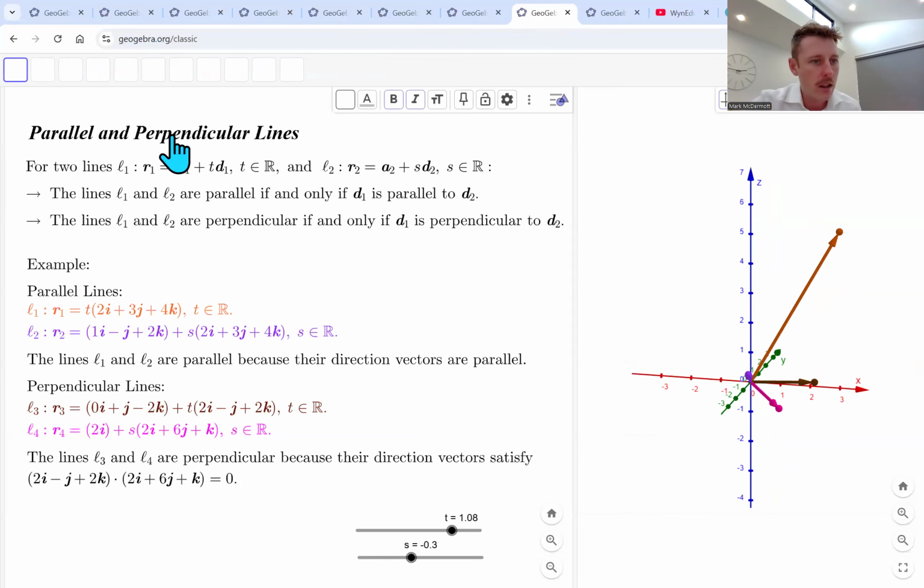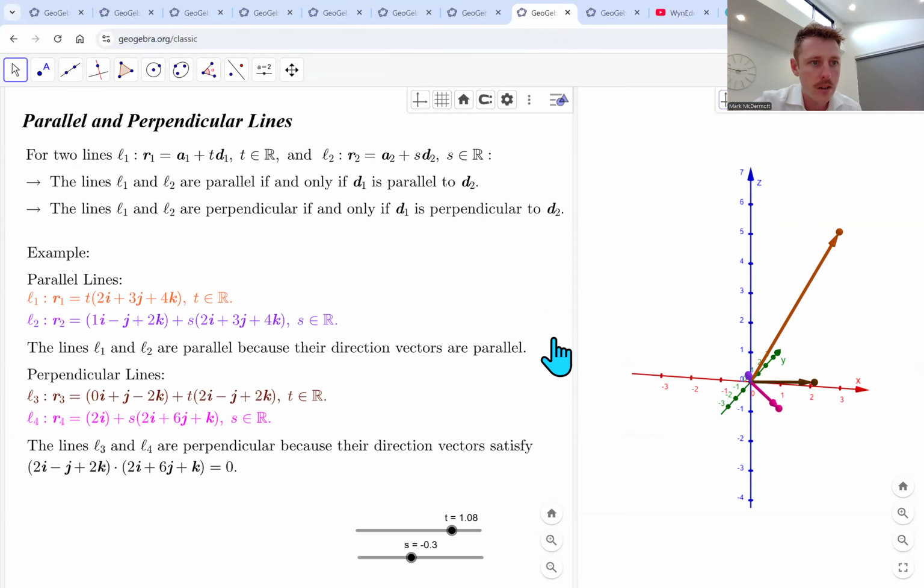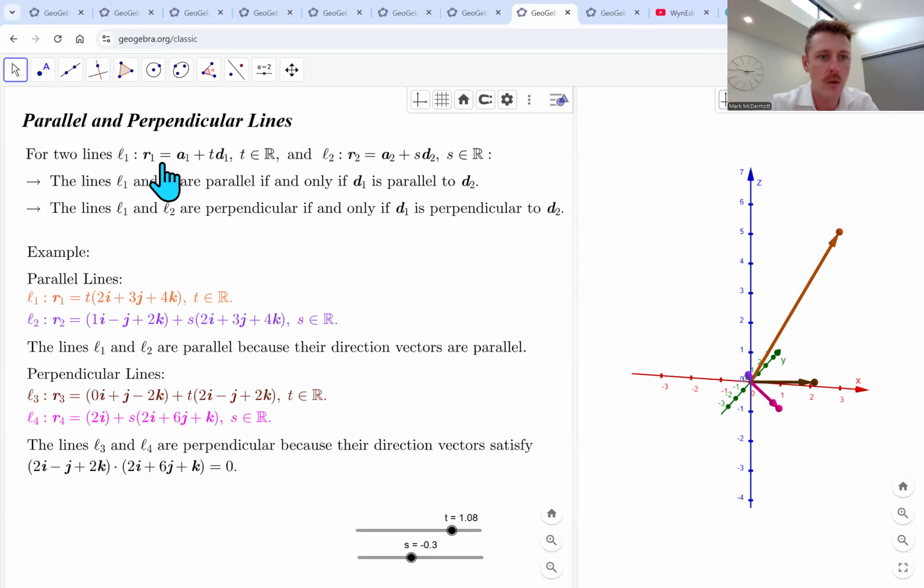Okay, so we're going to talk about parallel and perpendicular lines. So let's think about what that is. For two lines, L1, where L1 has the vector equation r1 equals a1 plus t groups of d1, and L2 is the same thing, but the parameter is s rather than t. The lines L1 and L2 are parallel if and only if d1 is parallel to d2. Okay, that should make sense.